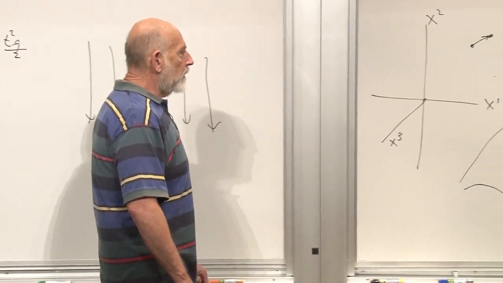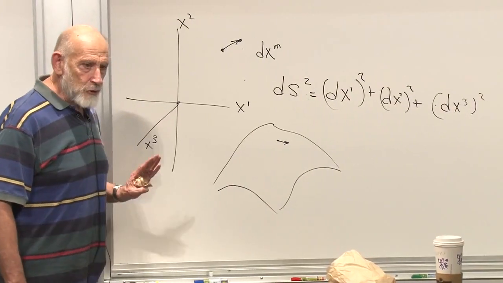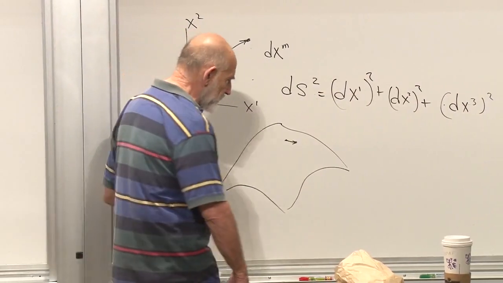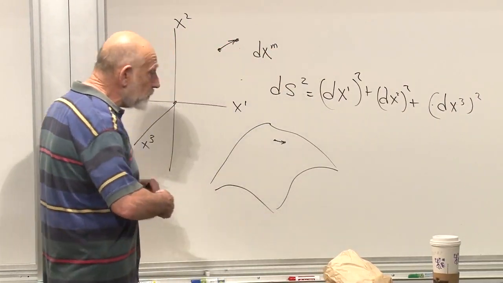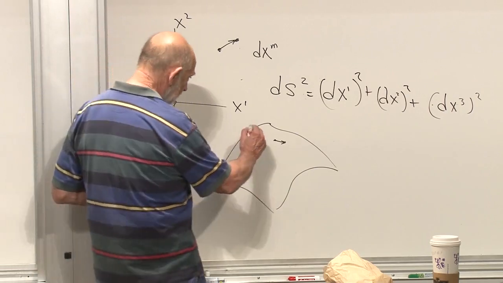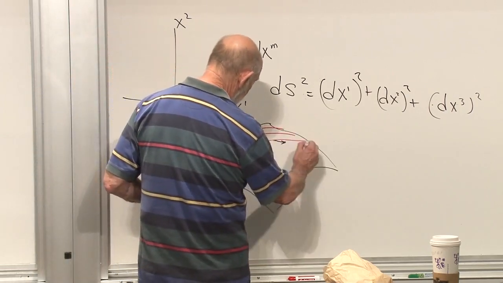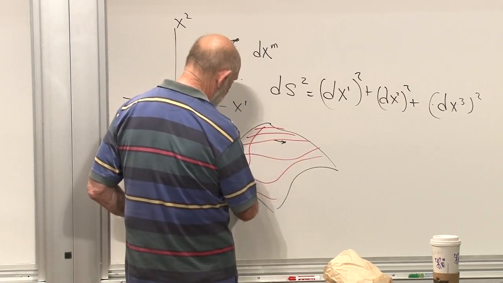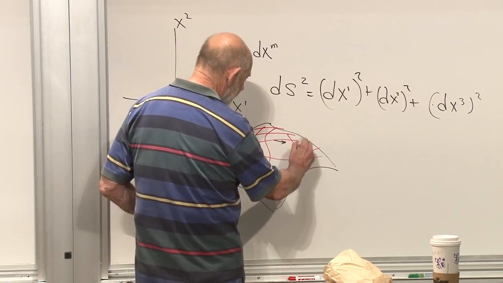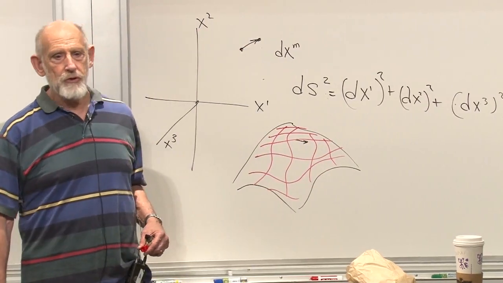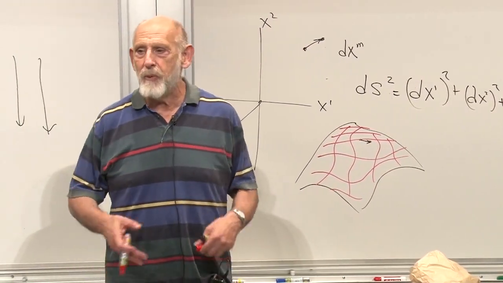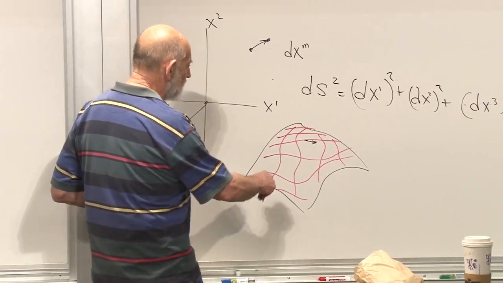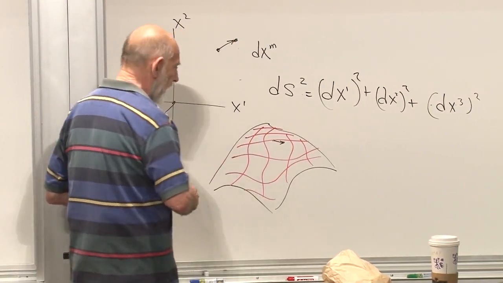Okay, so the first thing we do with it is we put some coordinates on it. We want to be able to quantify various statements, and so we want to introduce some coordinates onto it. We just lay out some kind of coordinates. We don't worry at all about whether the coordinate axes are straight lines or not, because for all we know, if the surface is a real curved surface, there probably won't even be things that we can call straight lines. So we just lay out some coordinates, and we call them x's.